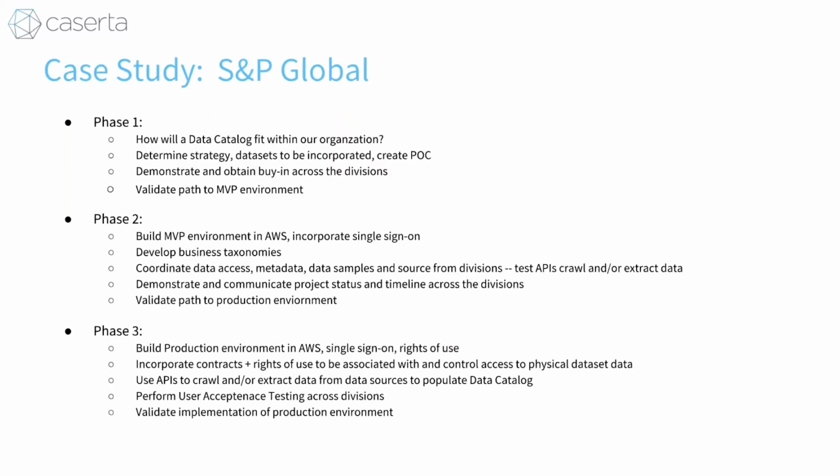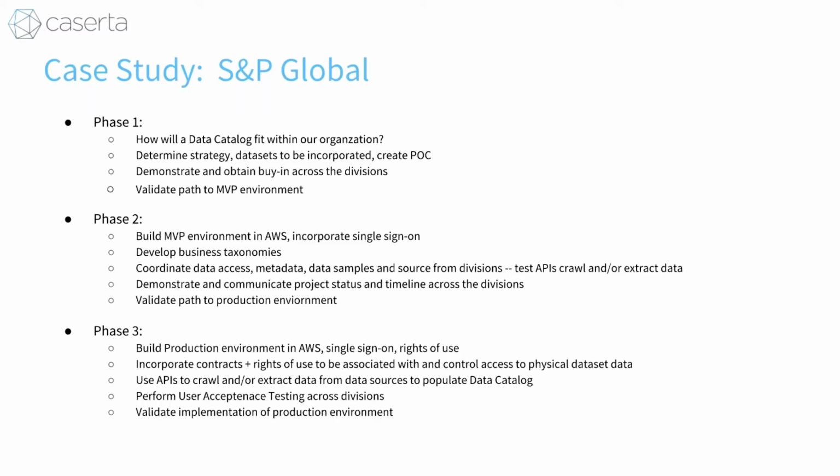One of our projects at Caserta was working with S&P Global. As we worked with them, we did it in a multi-phased approach. They brought us in to help them understand how a catalog would fit within their organization. As we spoke to the number of executive users or sponsors that were going to be part of this project, each one of them had a different point of view of what that catalog was.